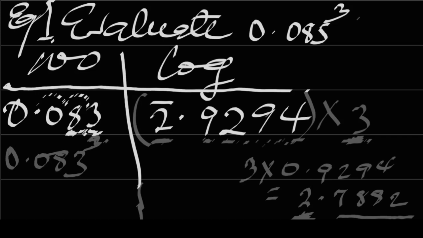Now, what are we going to do with the power? That's the most important part of this work. The power. That is our 0.083 raised to the power of 3. Whenever you have power, we multiply the logarithm with the power. That is to say, this logarithm, we are going to multiply it with the power, which is 3.